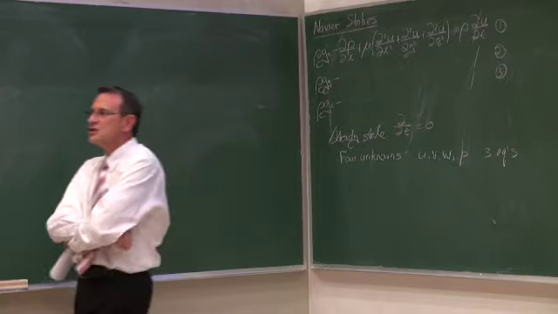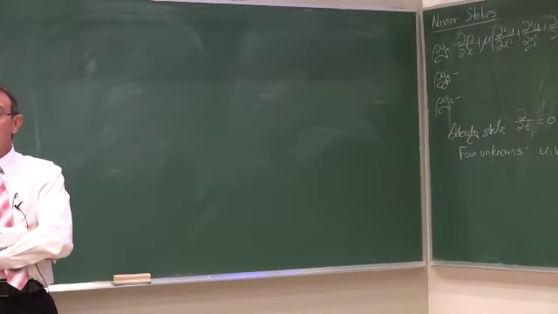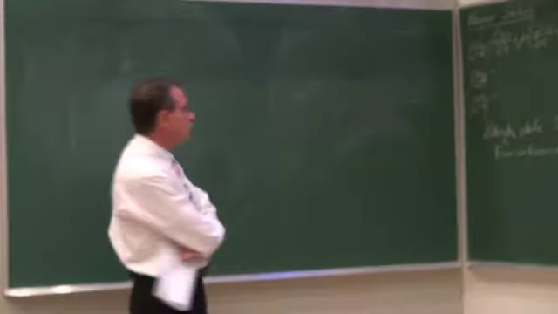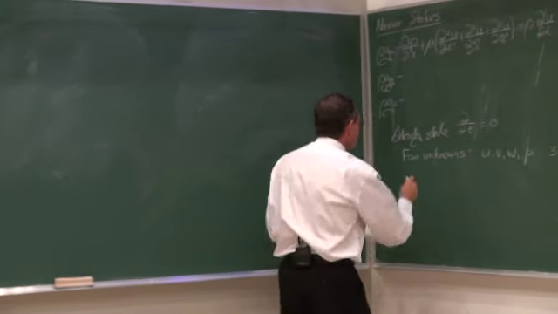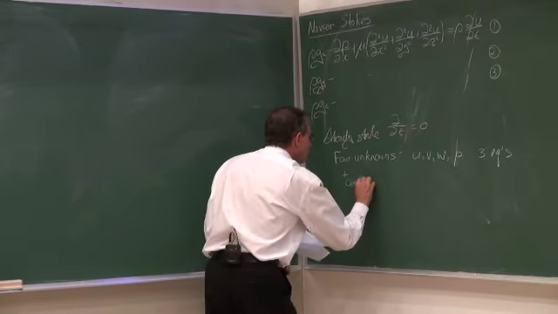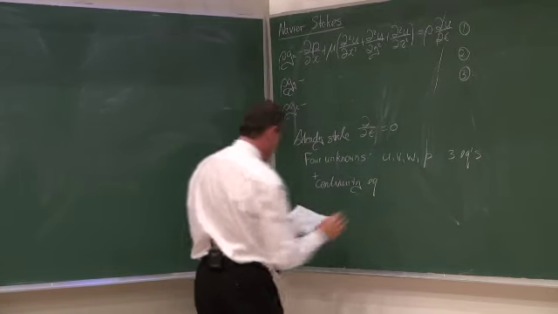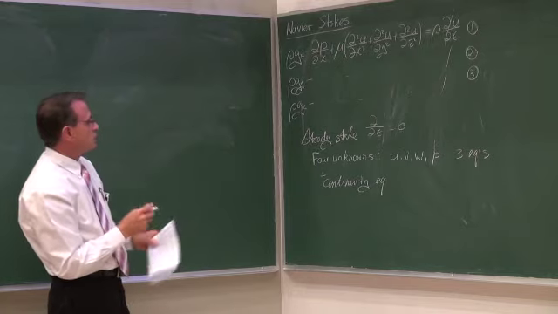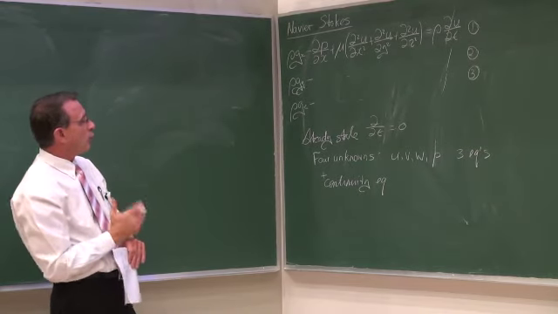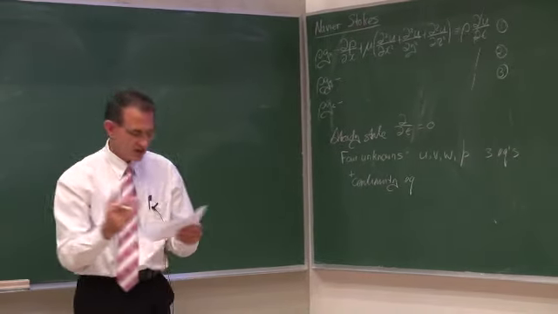So what is the solution? The solution is we also have to use the continuity equation. So if we also use the continuity equation, then we've got four unknowns and four equations.